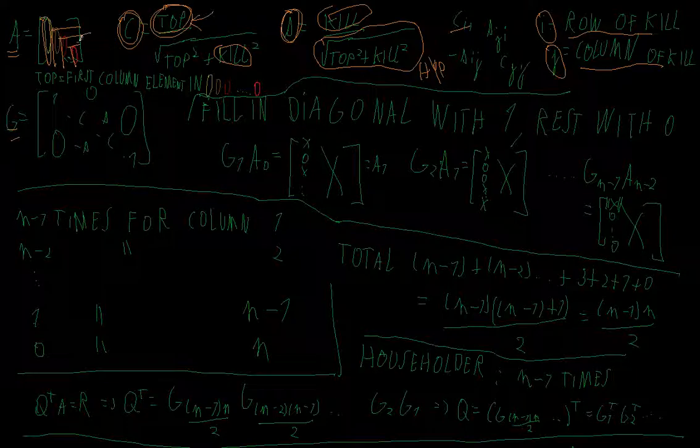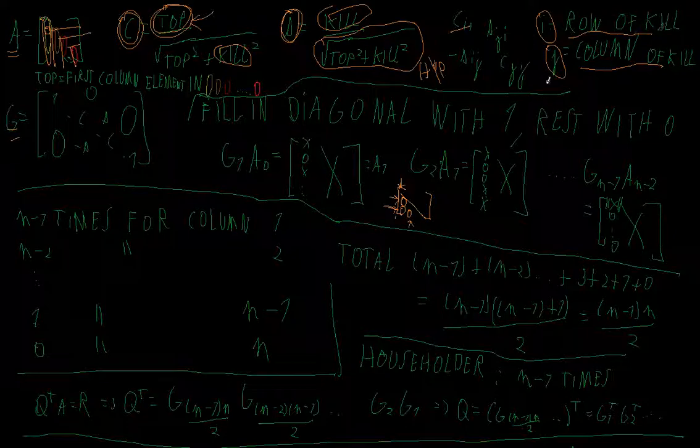The first element you want to kill will be the element in the second row and first column of your matrix. If it is a 3 by 3 matrix, you will want to kill this element here: second row, first column, then third row, first column, and then third row, second column, to get your upper triangular matrix.